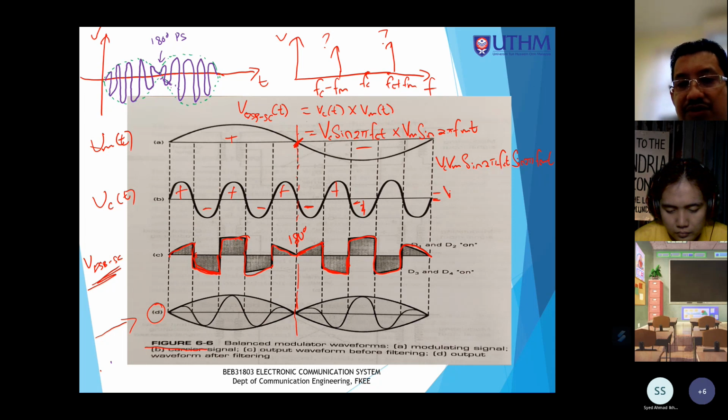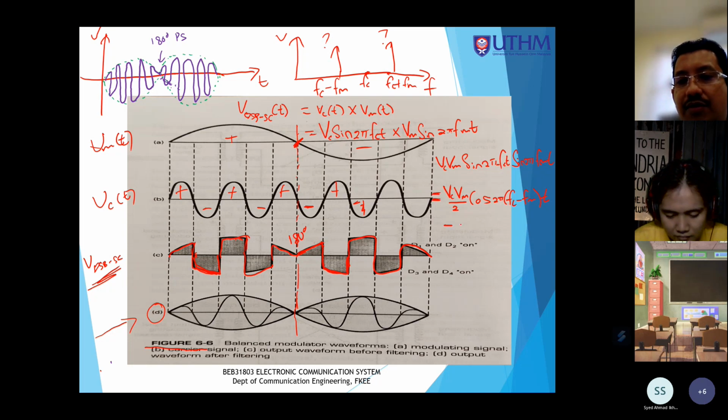So dia akan jadi VcVm/2 cos 2π(fc − fm)t. So this is for the lower sideband. Okay.